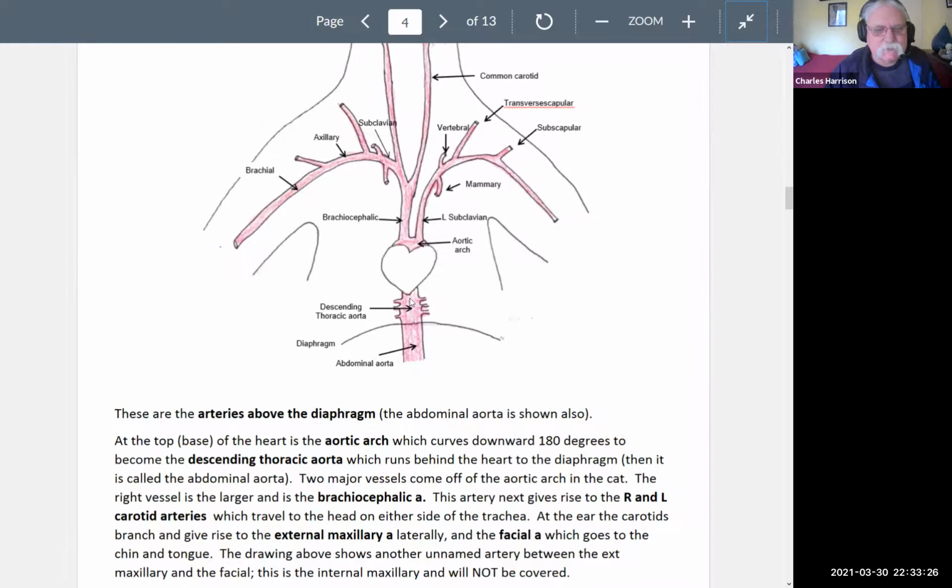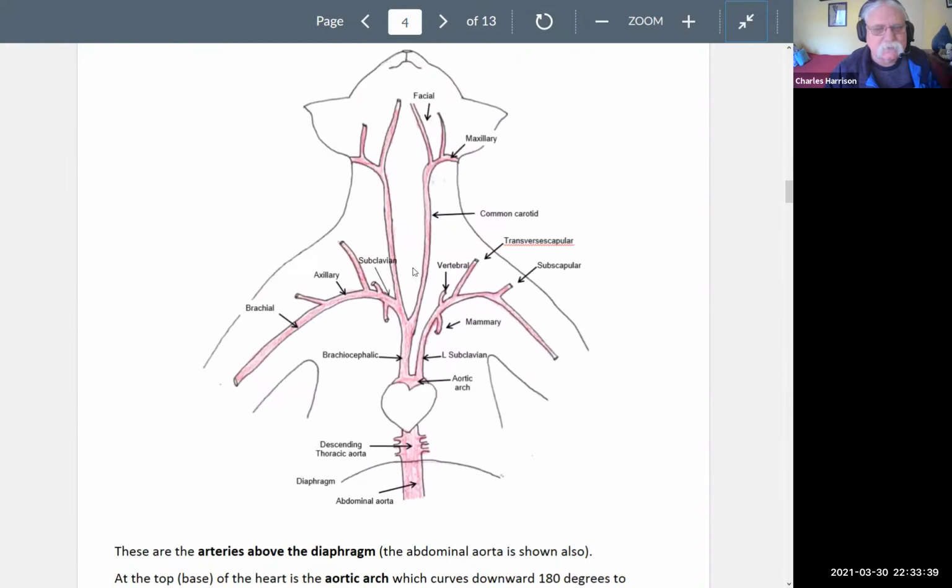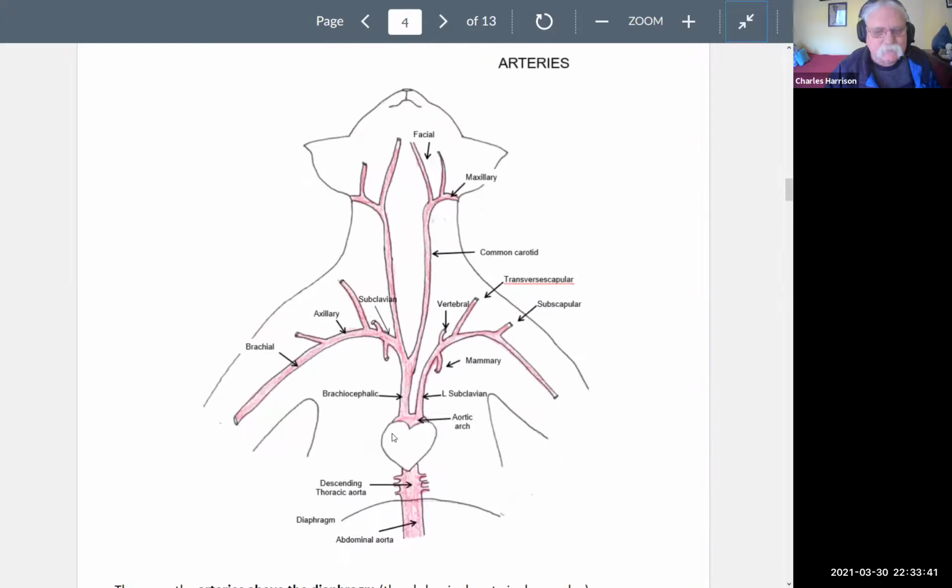Descending thoracic aorta. To see this, you have to take the heart of the cat and pull it from the left side to the right side, look underneath it, and it's so big. Now, coming off of the aortic arch, there are two main vessels, the brachiocephalic and the left subclavian.